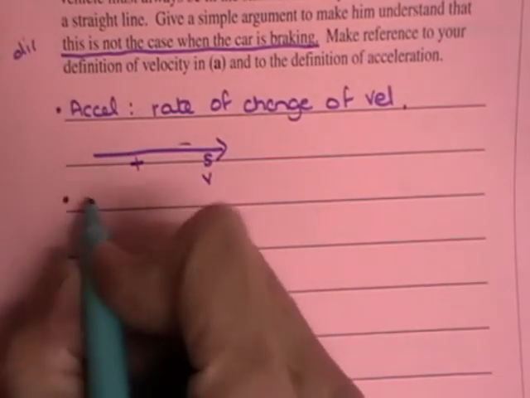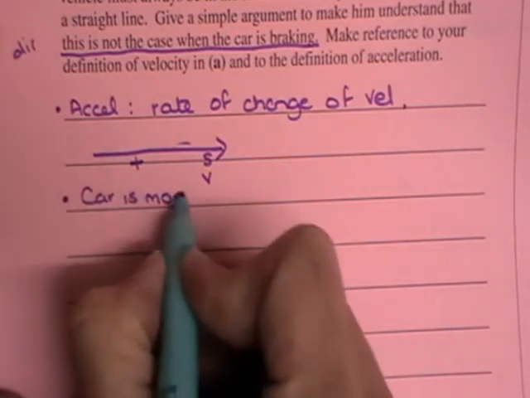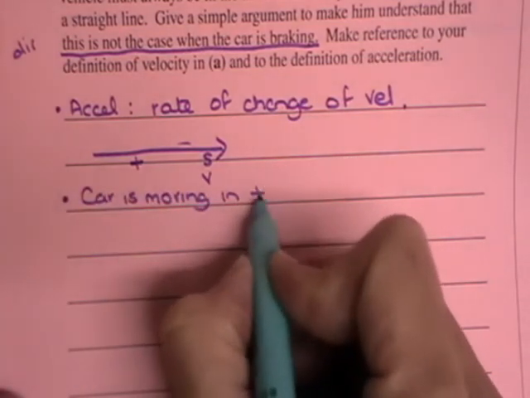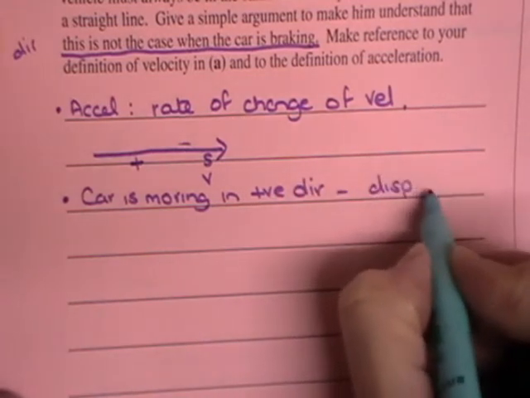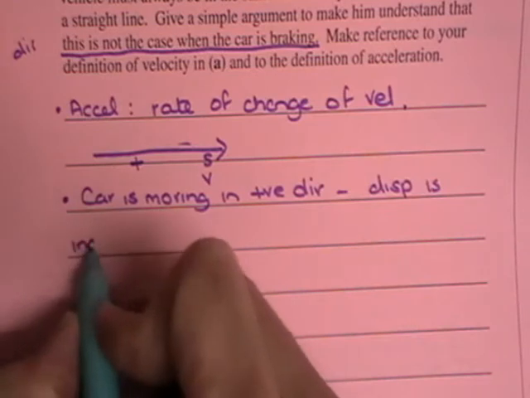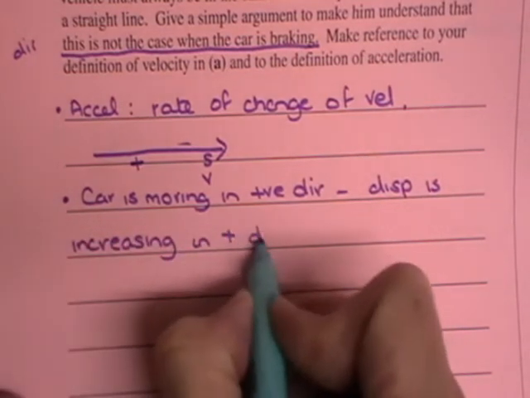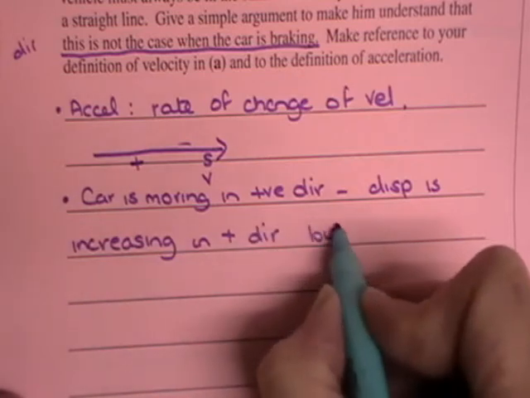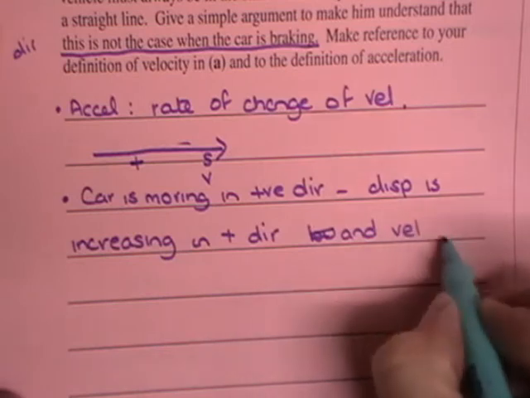And so you can say that the car is moving in a positive direction. Then displacement is increasing in the positive direction. But velocity is also positive.